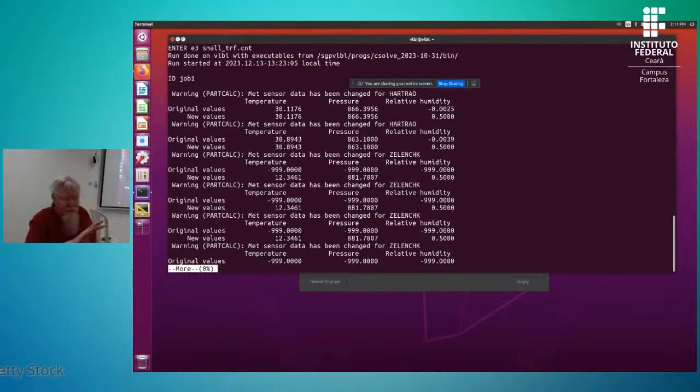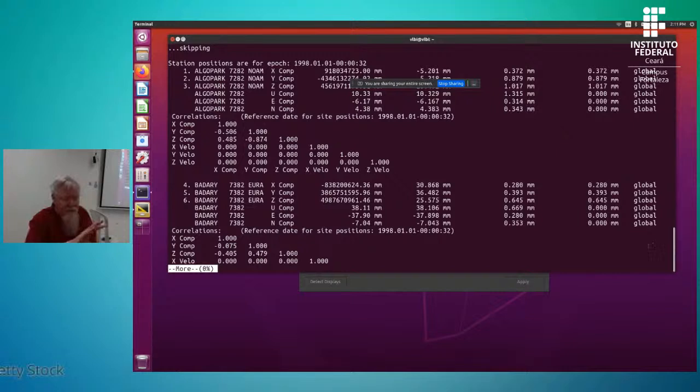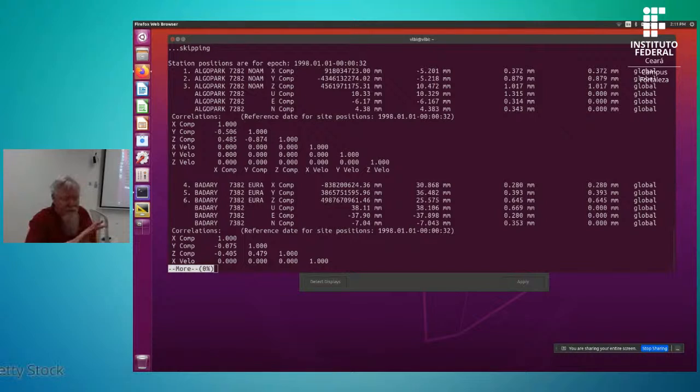Yes. Now put in a slash and a capital COMP. And what that's saying is we're going to search for this thing. And then you should start to see something that looks like this. You see that?